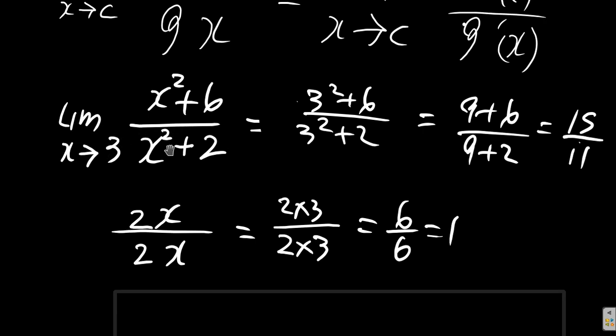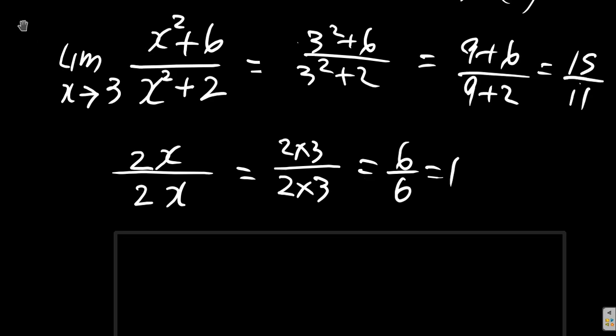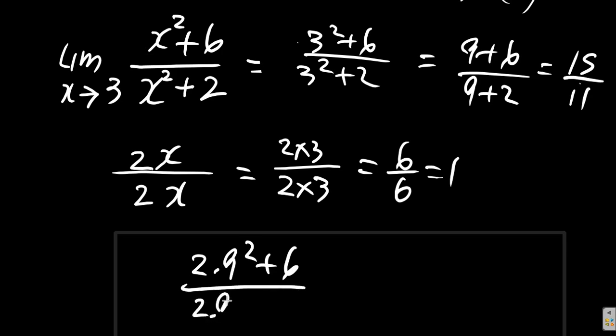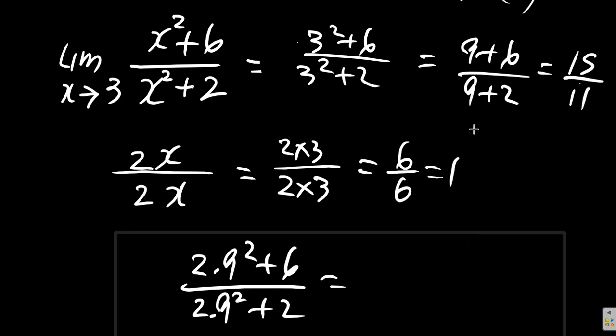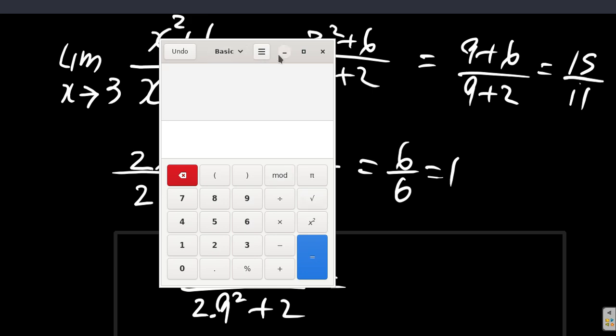And it's incorrect because suppose you try to substitute a number close to 3. For example, 2.9. 2.9 squared plus 6 divided by 2.9 squared plus 2. So we reach for our calculator and deal with that. This is one sure way for you to find a limit.